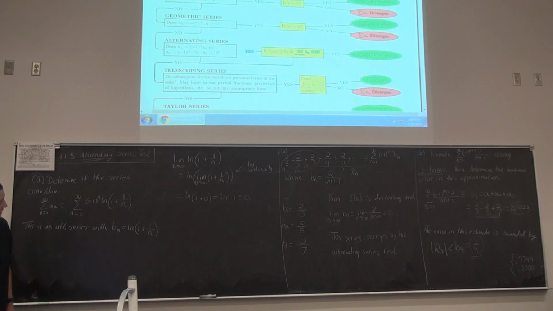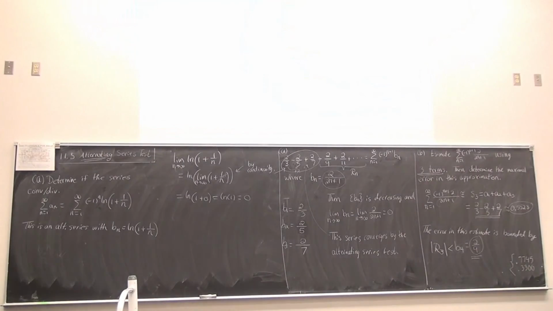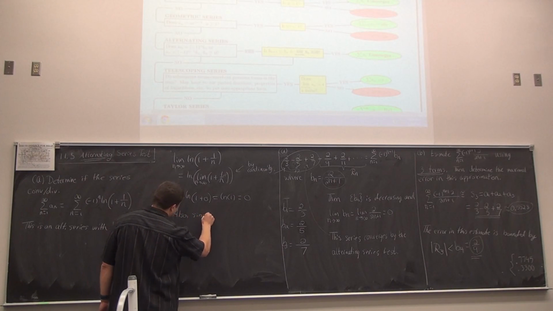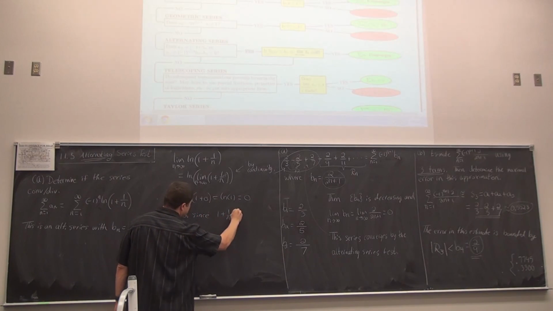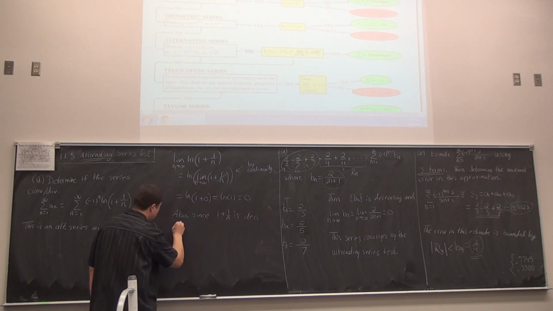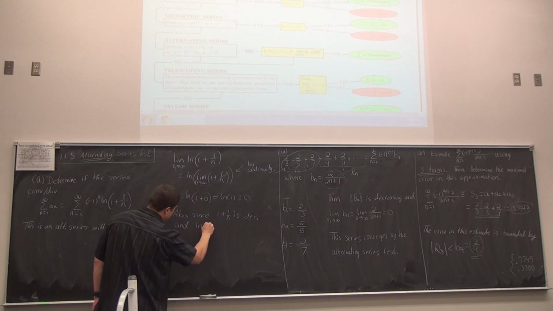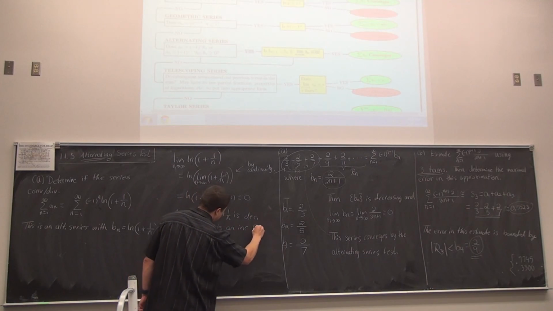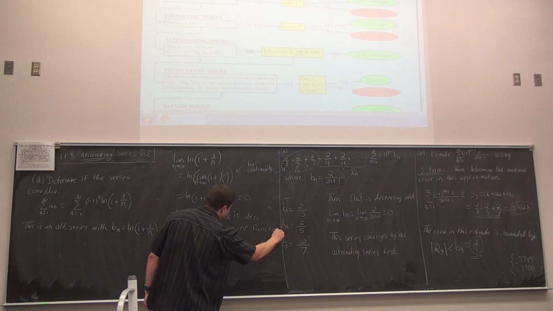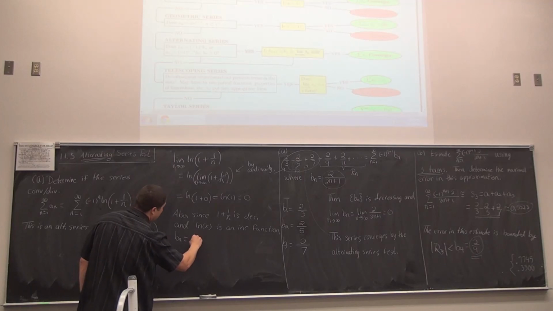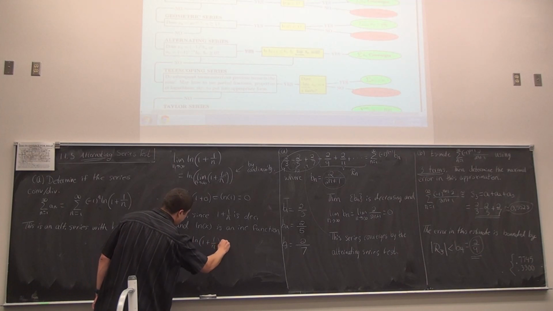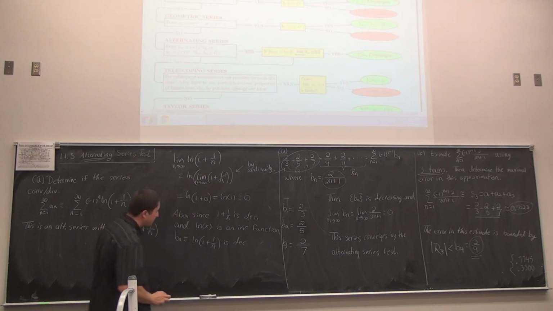Okay, so we can now say, let's determine if this is decreasing. The limit did come out correctly as 0, which is what we want. Now we can say, also, since 1 plus 1 over n is decreasing, and natural logarithm of x is an increasing function, b sub n equals the natural log of 1 plus 1 over n is decreasing.